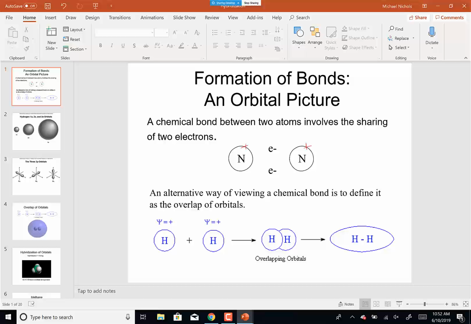And so we're going to overlap those 2 spheres with wave functions, the mathematics of how the electrons move, and we're going to make our hydrogen-hydrogen single bond. Okay. And so that is even more detail.